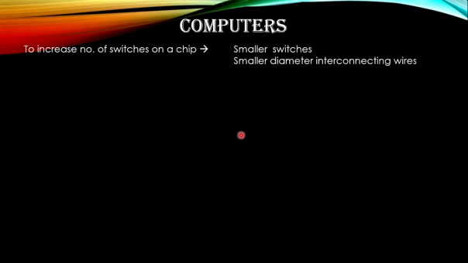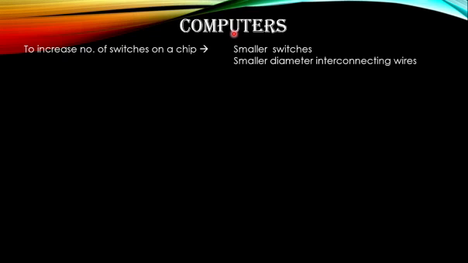And the next application is in the computer. So what is the purpose of any material in a computer? We require a much higher response, and we prefer a miniature size. For that, to increase the processing speed, we should have more number of switches. So how could we have more switches?